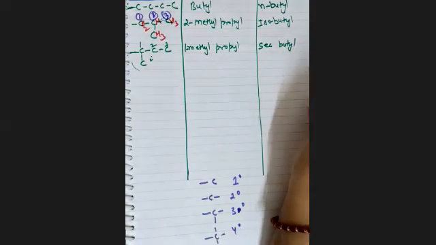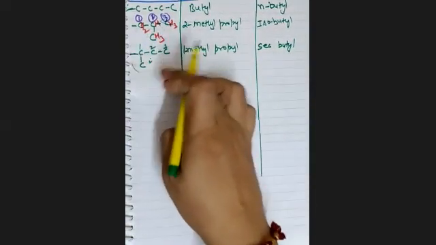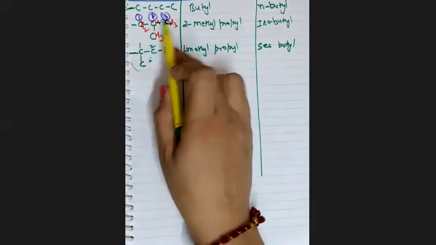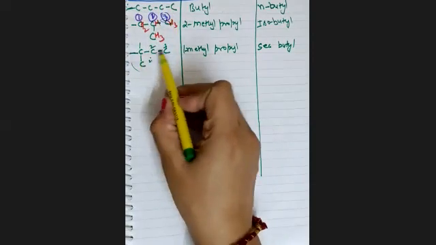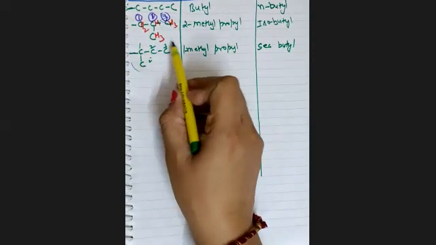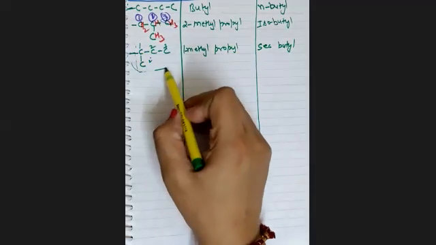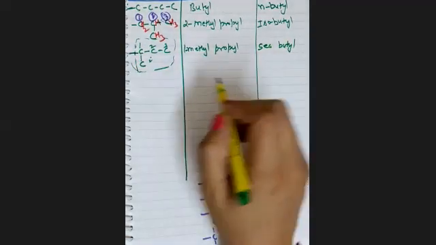Remember this thing. In the common nomenclature, we will count the entire carbons which are present. See, in this we count 1, 2, 3, 4, butyl. So when we assign the common name, we will count the carbons which are present in your entire substituent. Clear?